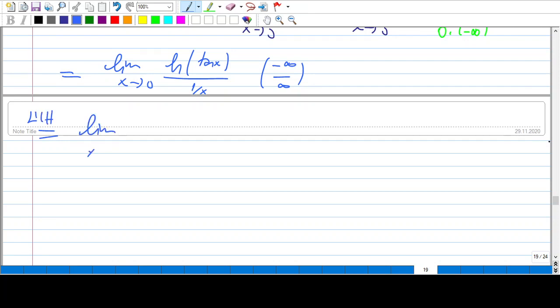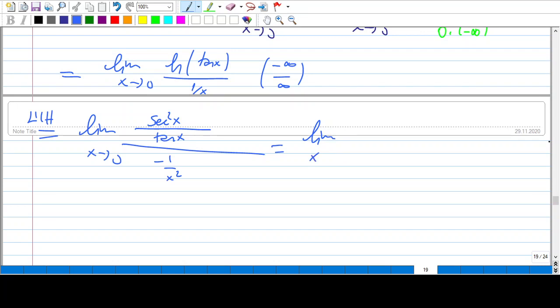Limit x to 0, the derivative of tangent is secant square x. Secant square x over tangent x, over minus 1 over x square. Let's see if we can find some result from here.